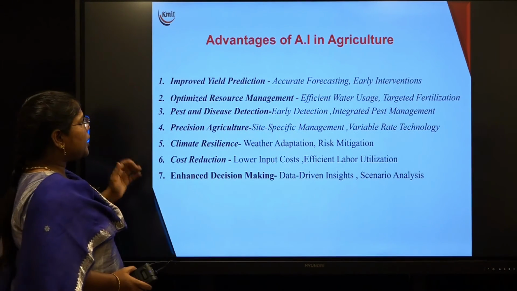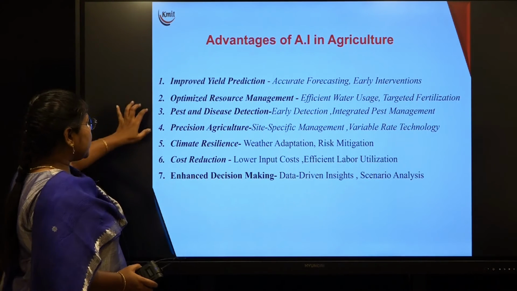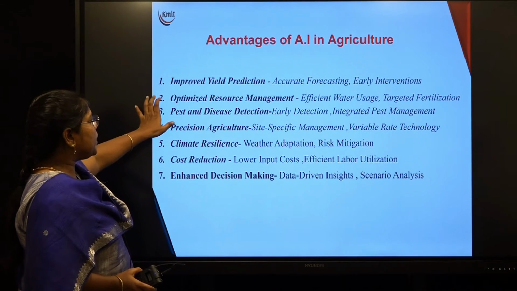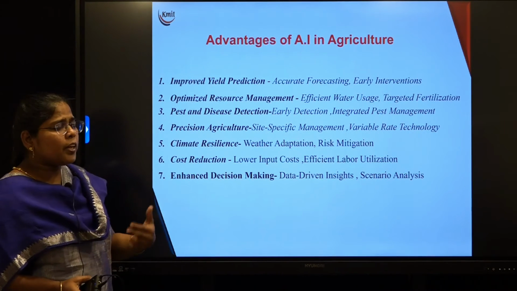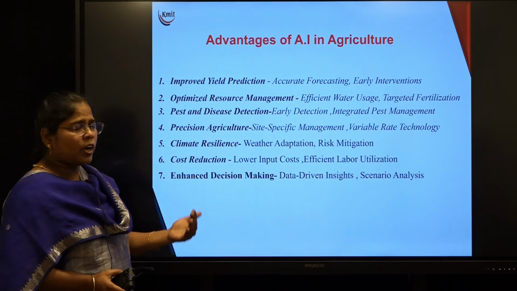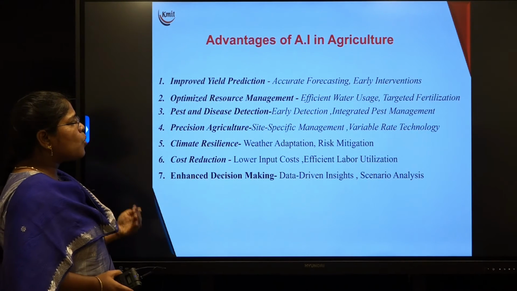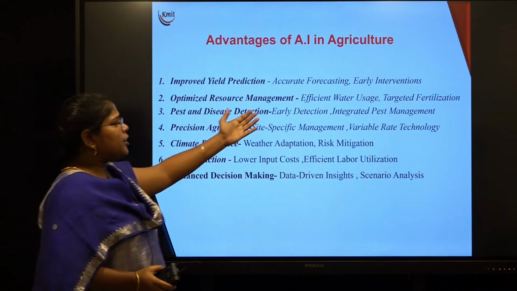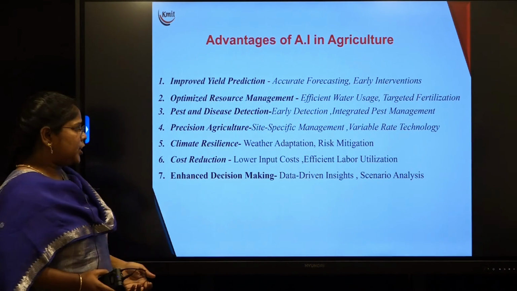It has to create a prediction model which can yield well. Next, optimized resource management. When we are developing a smart irrigation system, it should reduce water use and create more and more efficient water usage systems or targeted fertilization.